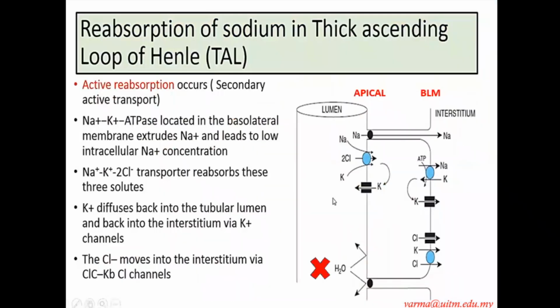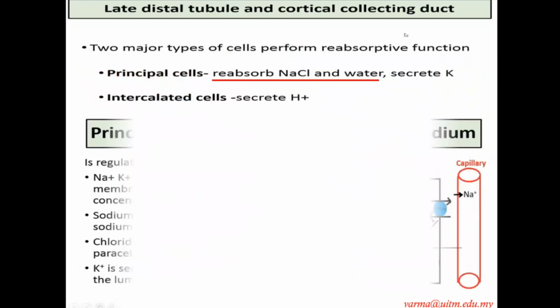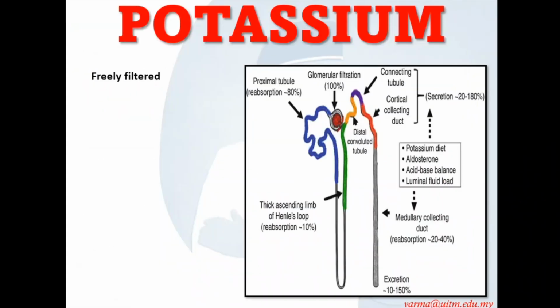So that being said, now we move on to potassium handling. Potassium is a small cation, and cations are easily filtered across the glomerulus.